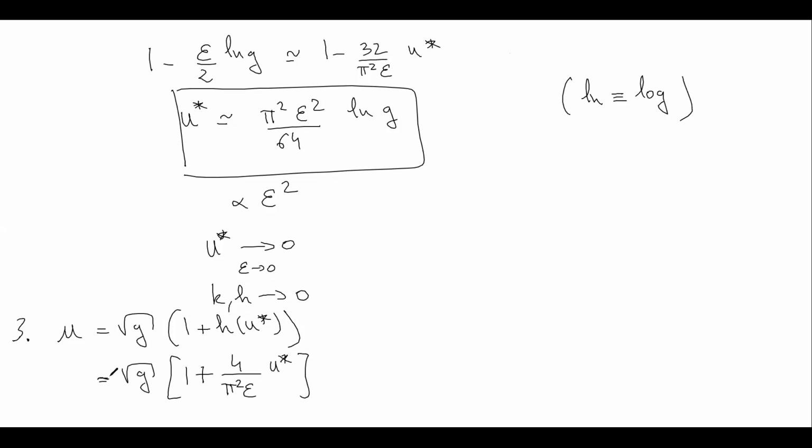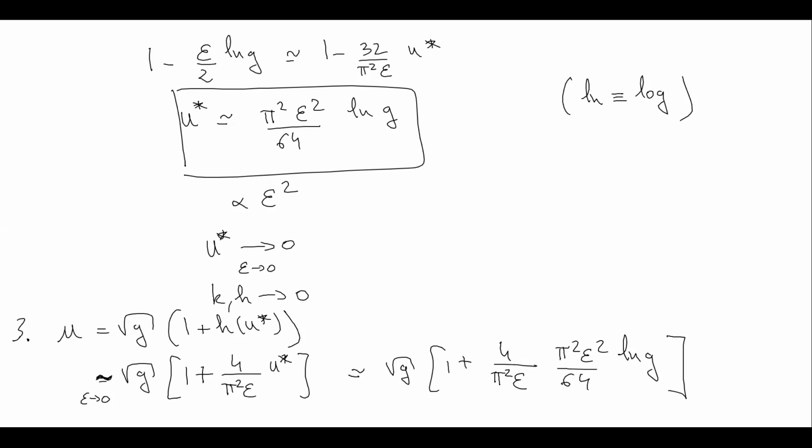And it's an approximate expression here because I'm near epsilon equals 0. And another approximation is the following: 1 plus 4 divided by pi squared epsilon, and I multiply the u star that is provided above, so pi squared epsilon squared 64 log of g.